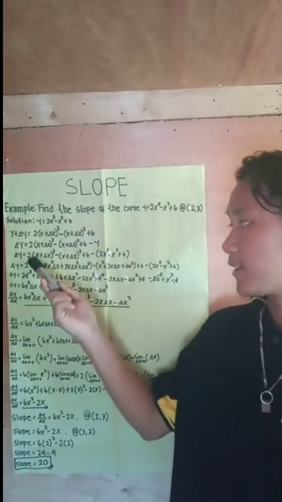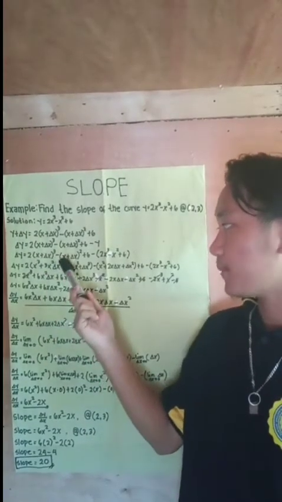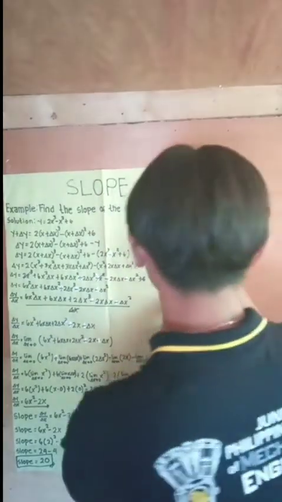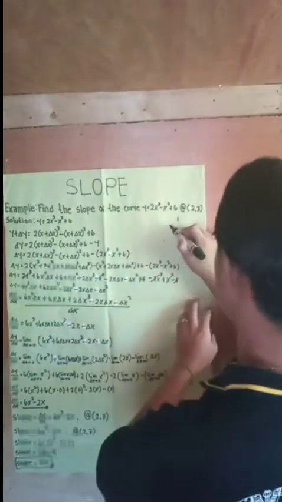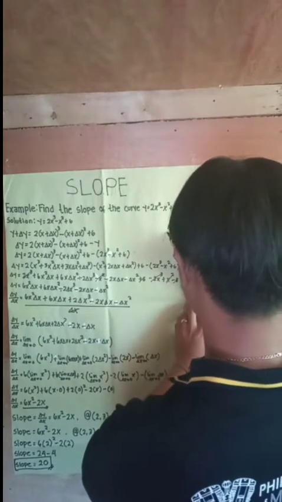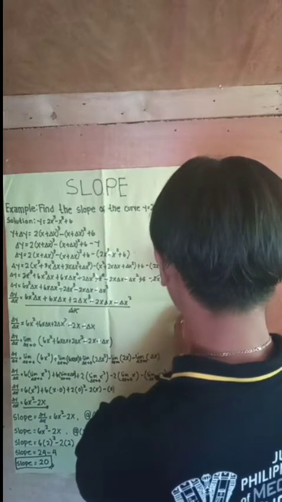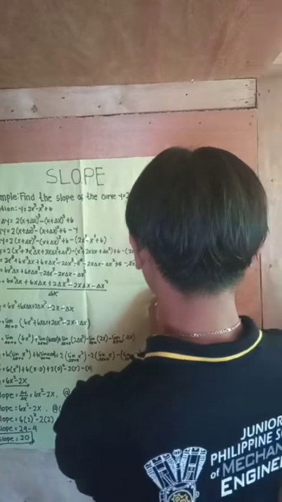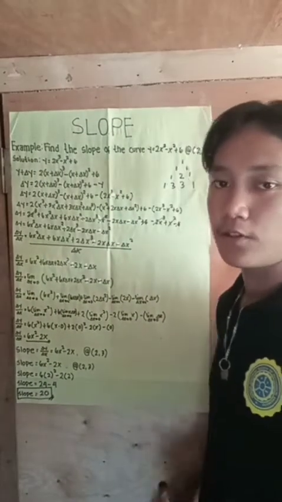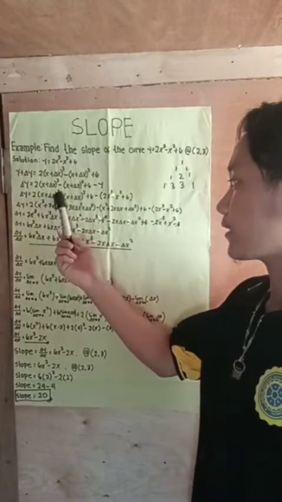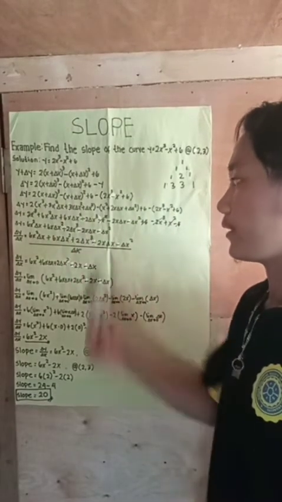In here, x plus delta x cubed and x plus delta x squared, we need to use the Pascal's triangle. This is what we use for x plus delta x cubed or x plus delta x squared.